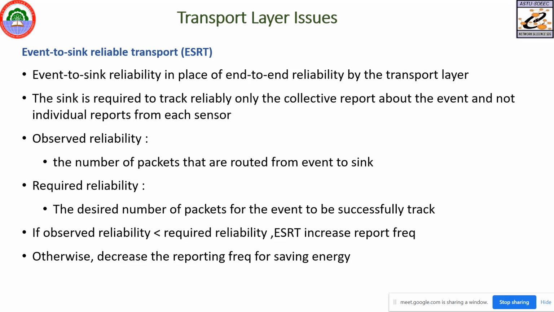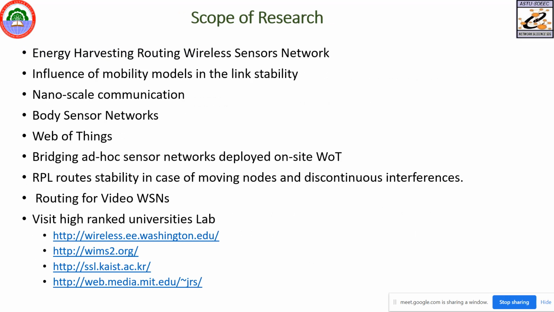If the observed reliability is less than the required reliability, then this protocol increases the frequency of sensing that particular event. Otherwise, if it is greater, then it will decrease the frequency to save energy. So these are the various algorithms in routing.